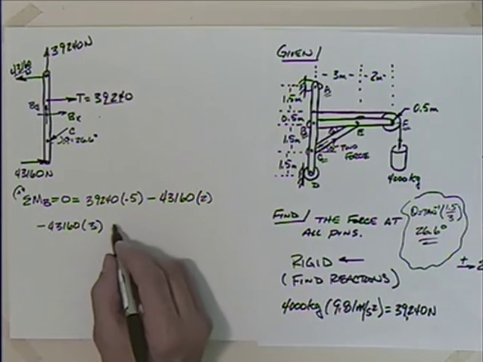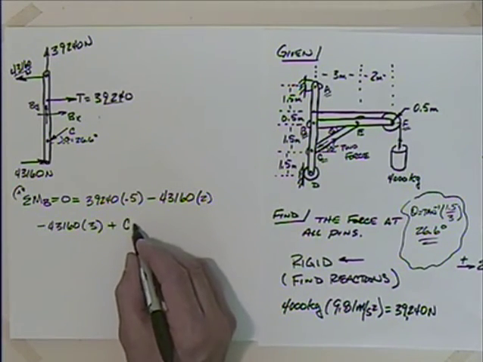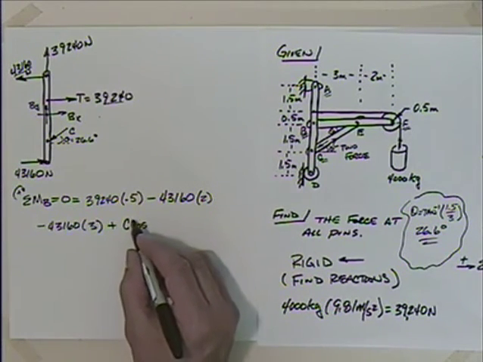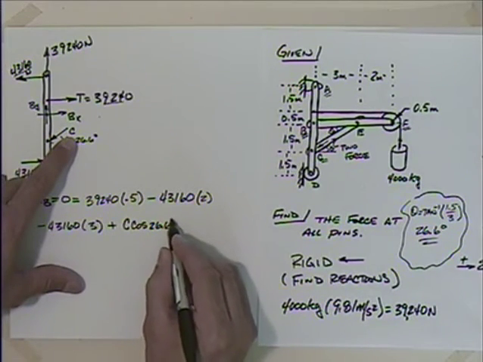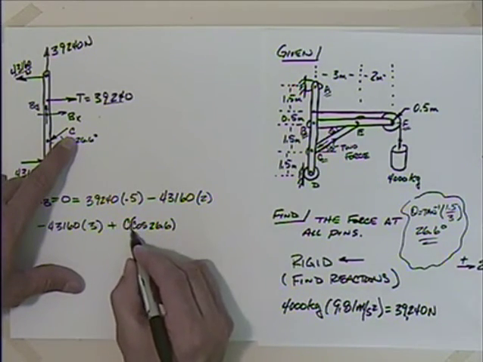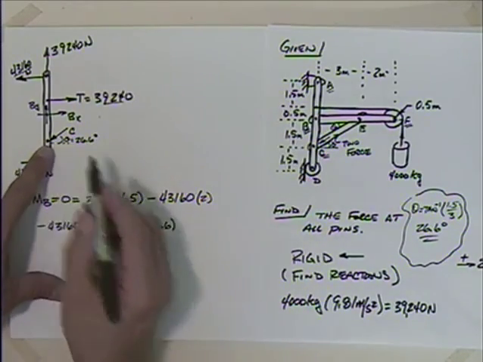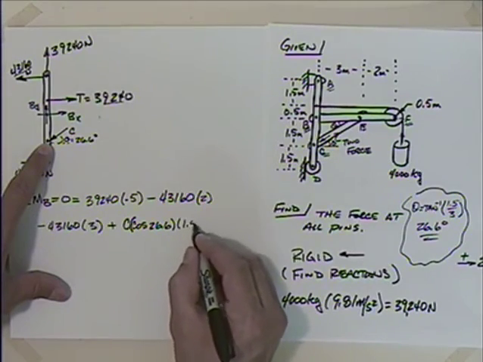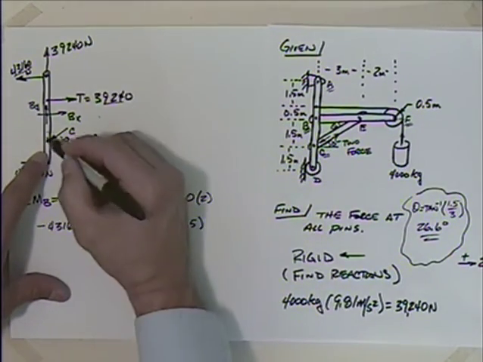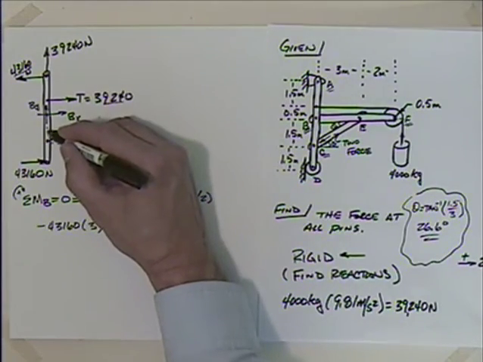And then I have plus C times the cosine of 26.6. Let's put that in parentheses so I don't lose that C. So C times the cosine of 26.6 is the horizontal piece of that, and that's going to be acting through 1.5. All right. What about the vertical piece, C times the sine of 26.6? That would be acting along there, right?